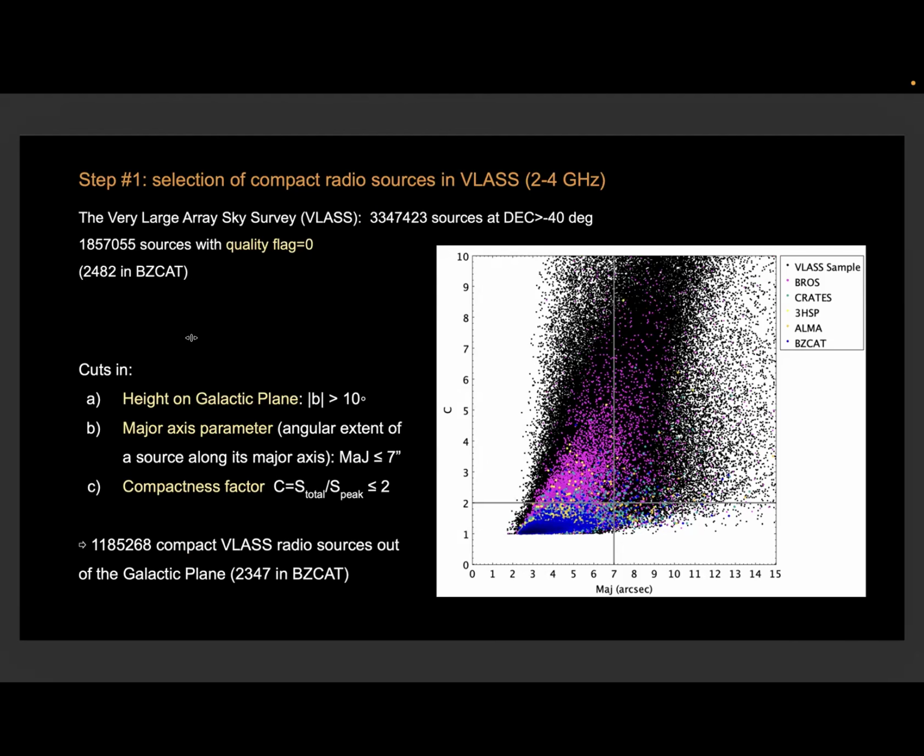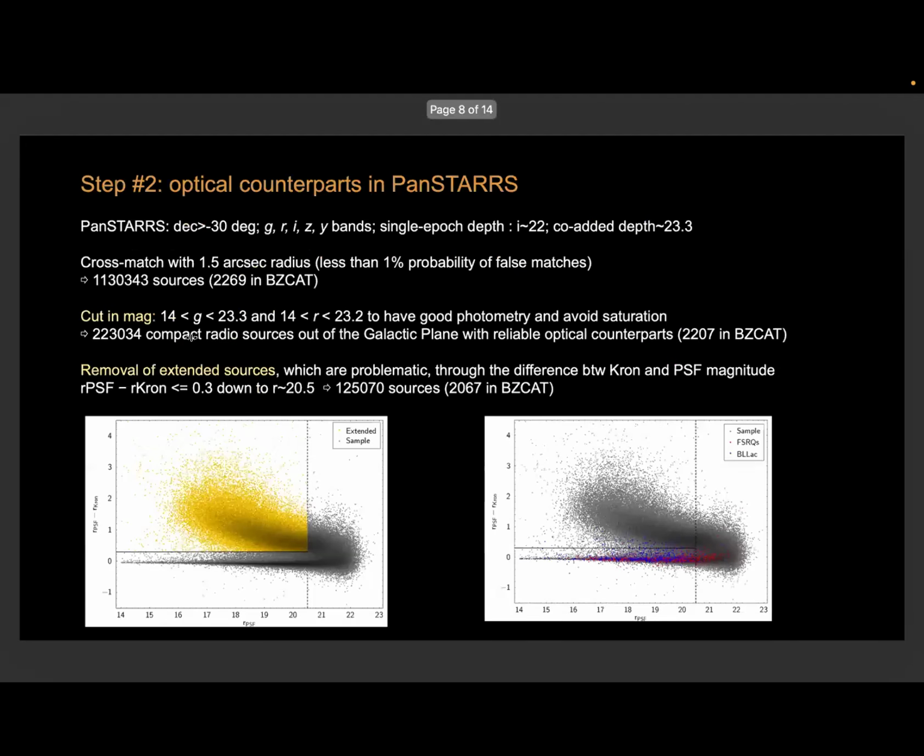If we plot our sources in a diagram containing these two parameters, we see that almost all BZCAT sources, all blazars, occupy the region in the bottom left. So we cut there to have the first selection.